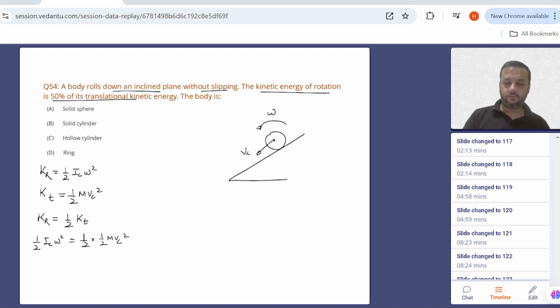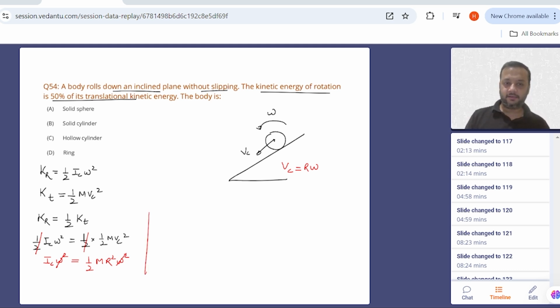So if you look from here, this half and half will get cancelled. Notice that under the condition of pure rolling, we can write vc is equal to r omega. So if I put this value of vc as r omega here, this will become r square omega square, and that is equal to Ic omega square.